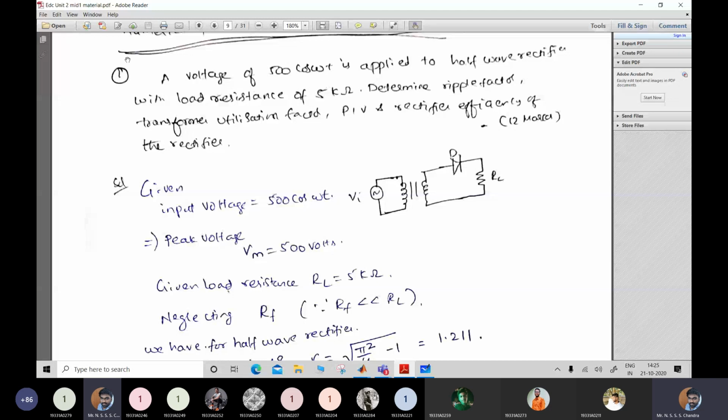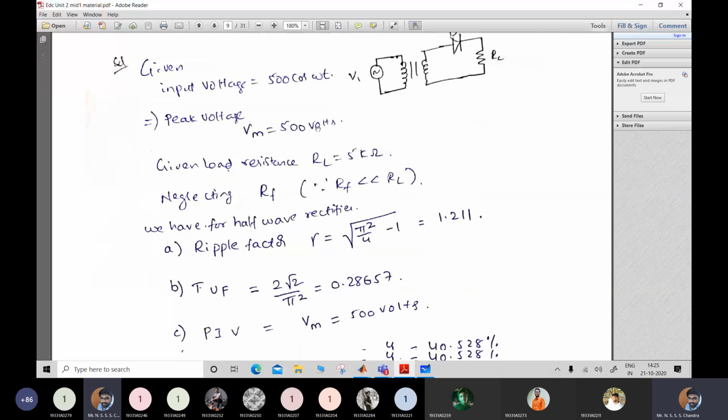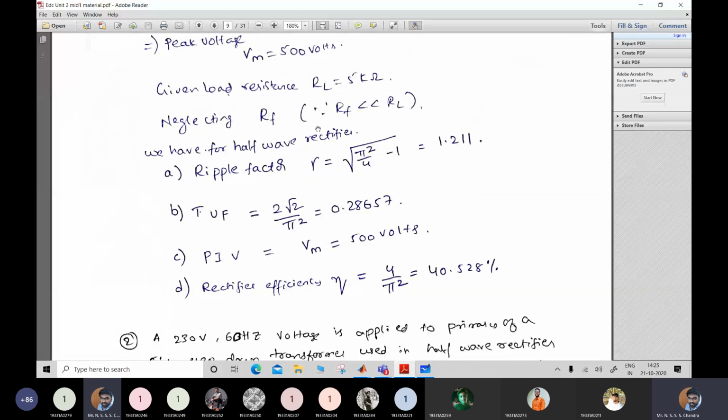So what is the VM in the question given? 500, right? So 500 cos omega t. Even if you convert into a sinusoidal waveform, it will be sin omega t minus pi by 2. So your VM will be equal to 500. So your peak inverse voltage will be equal to 500 volts.